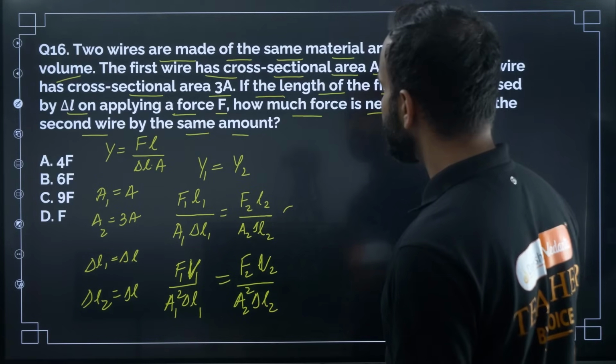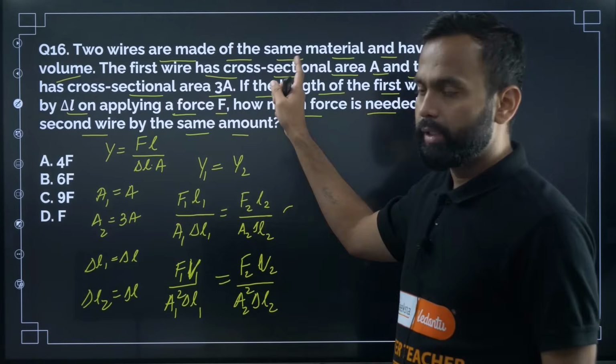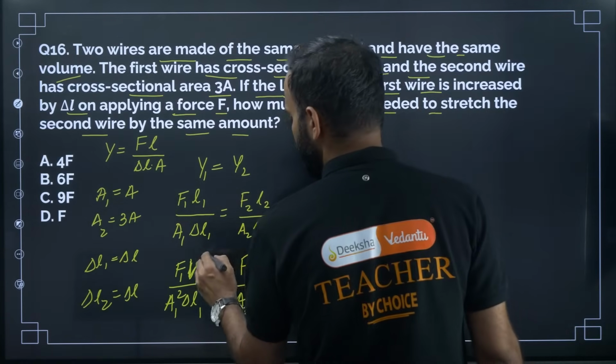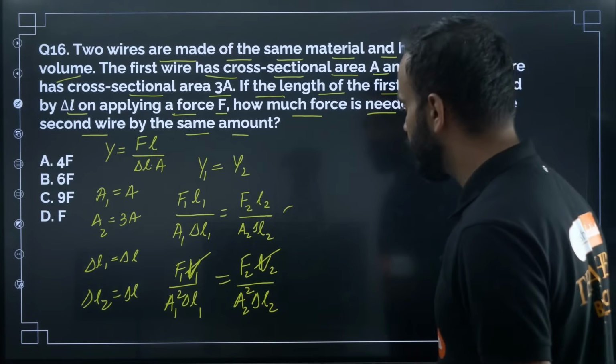Both have the same volume, so V1 equal to V2.